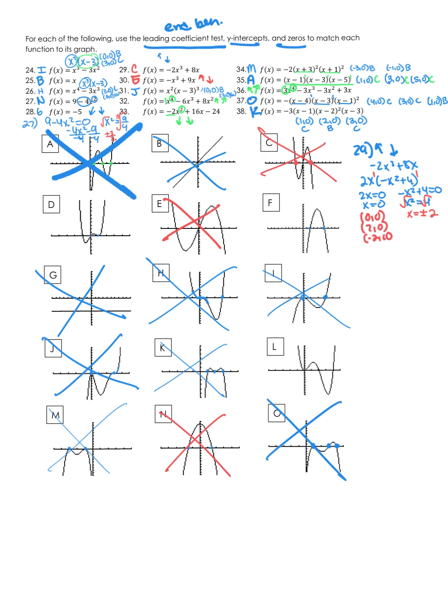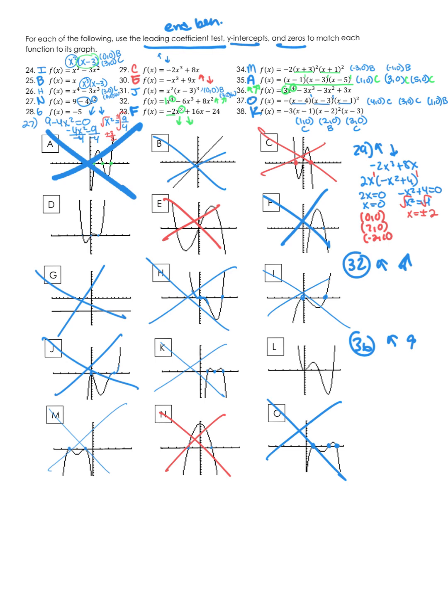So we know that 33 is going to have to be the one that has 2 down, so that'll be F. But 32 and 36 are both facing up. Our last two we have left are both facing up.